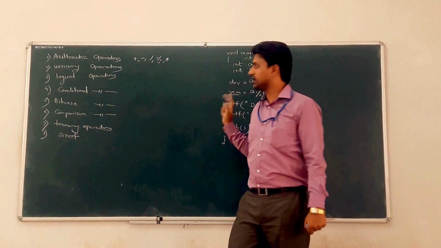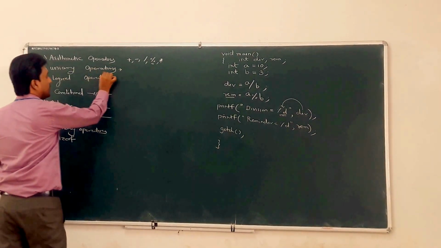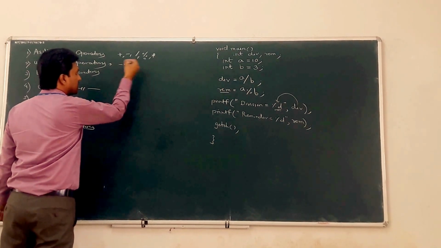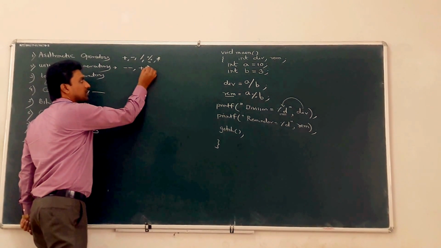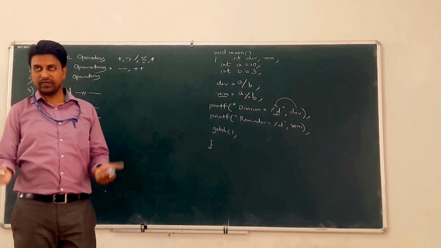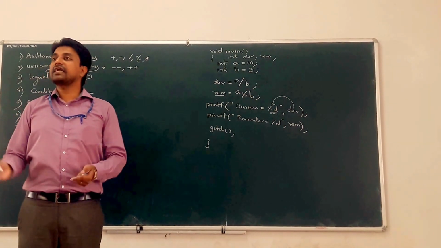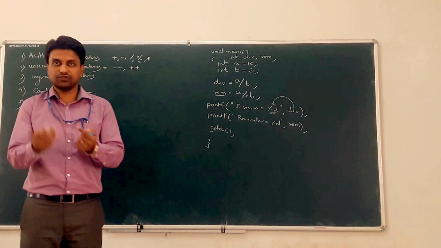Clear? Okay. So next, most important, that is the unary operator. So what is a unary operator? Minus minus, and the second one is plus plus. These are two unary operators. Again, these are categorized into two types, pre and post.